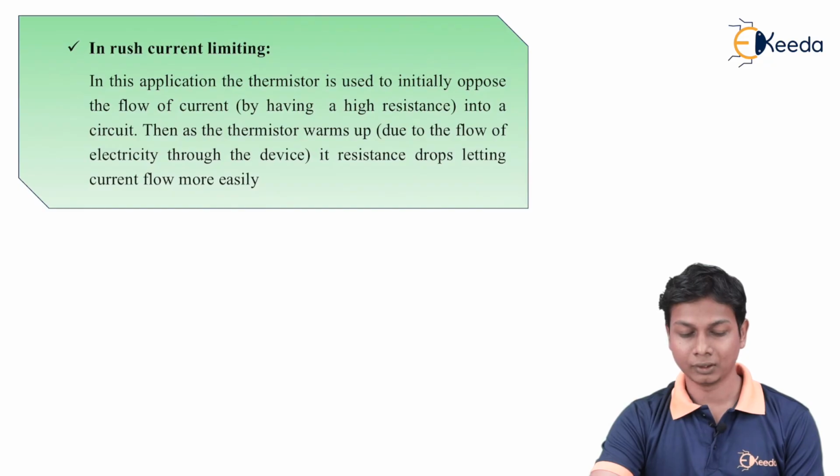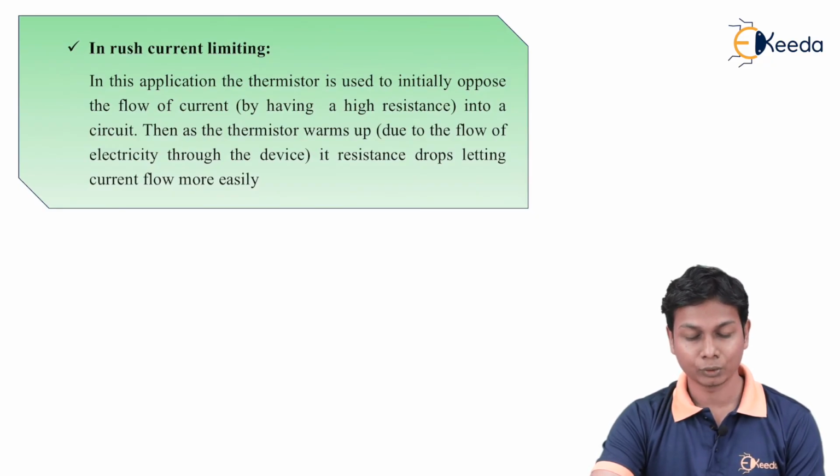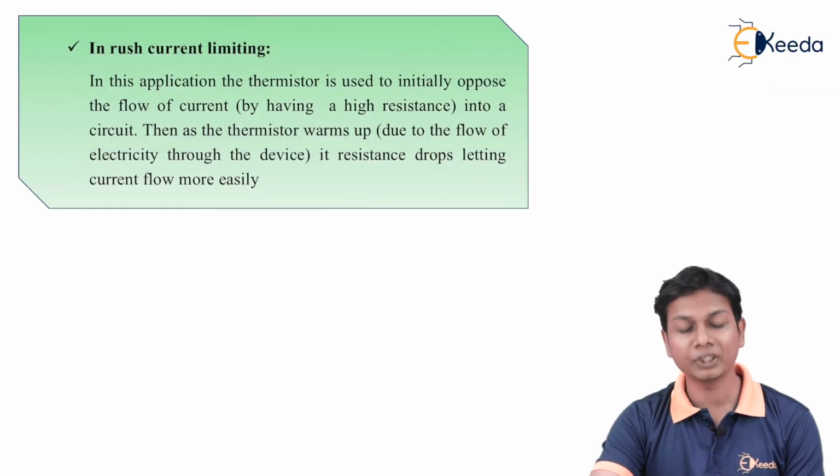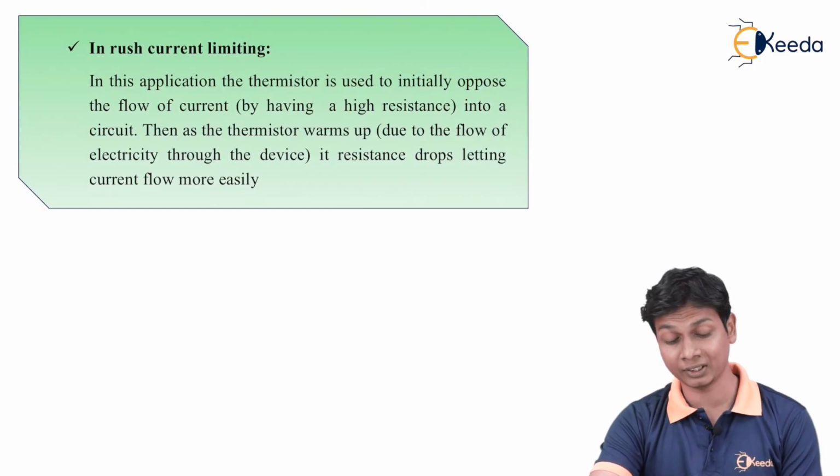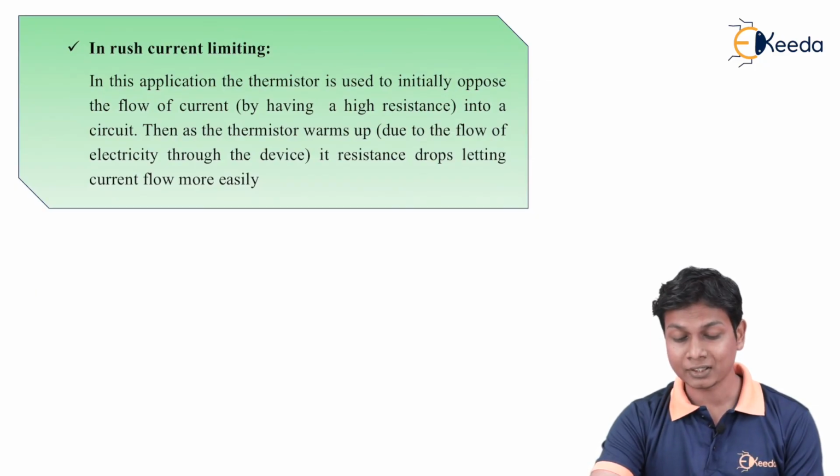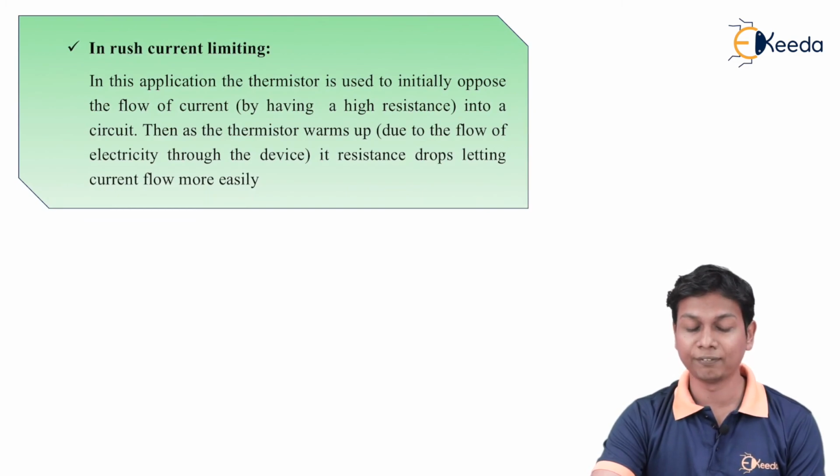Then the thermistor warms up due to the flow of electricity through the device, the electrical energy is converted into heat, and its resistance drops, letting current flow more easily.